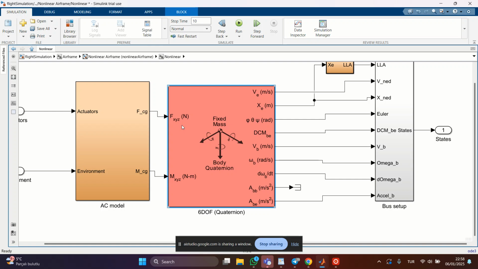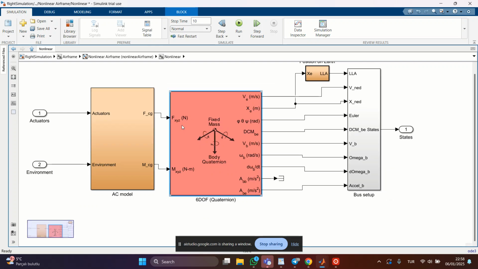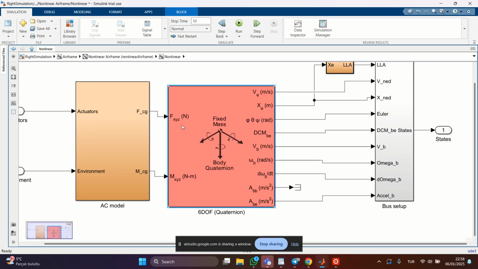You want to know what F_CG, M_CG, and the units of newtons, N and Newton meters, N·m, represent within that model. F_CG represents the force applied at the center of gravity in newtons, and M_CG is the moment applied at the center of gravity in Newton meters. Does that make sense?